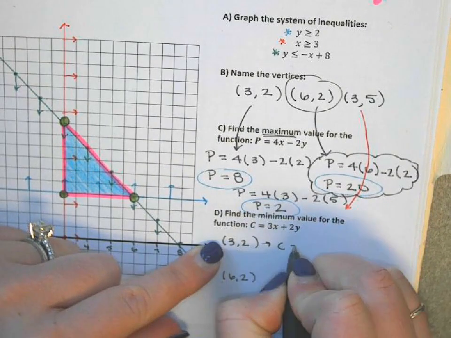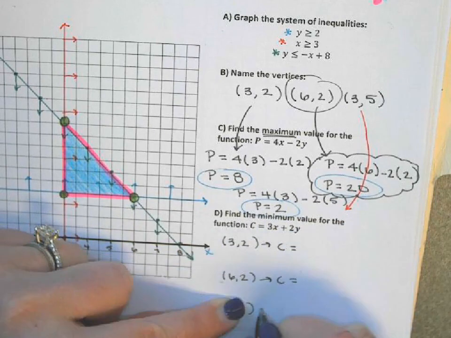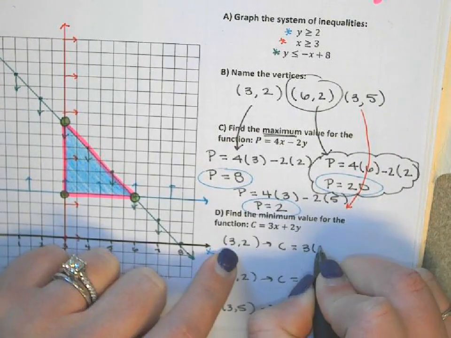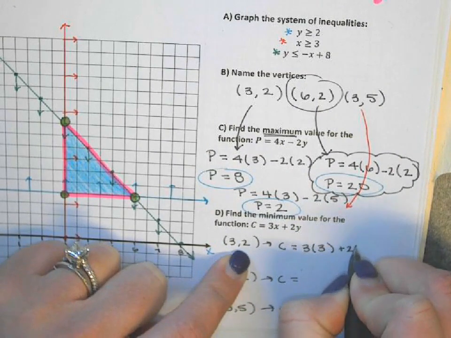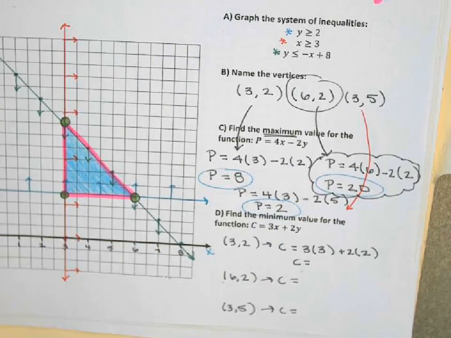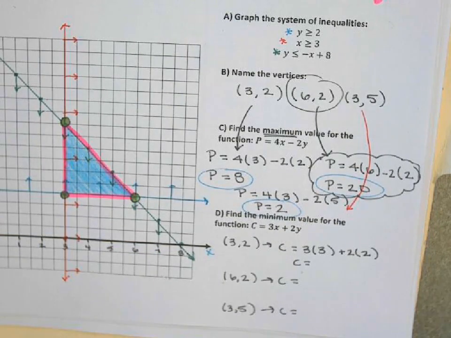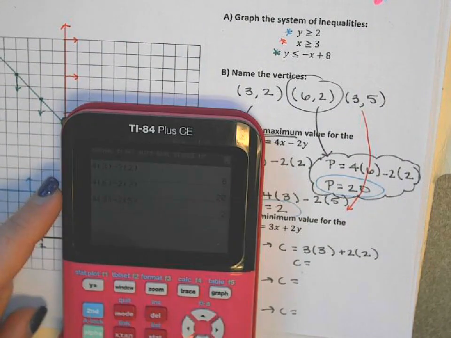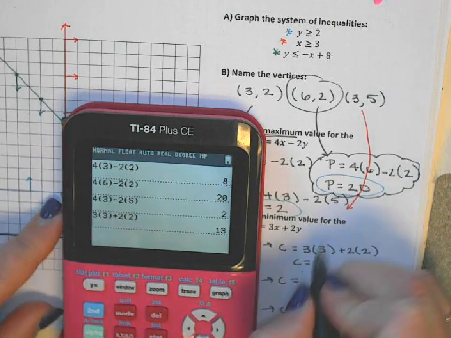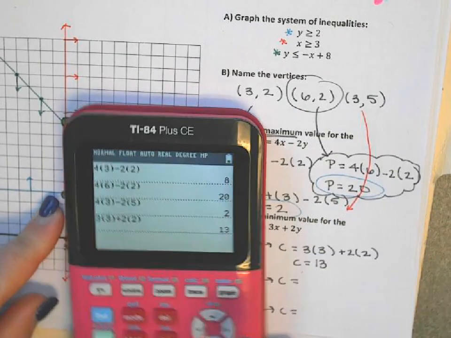So this cost, with the equation to use, is 3 times the x value, which is 3, plus 2 times the y value, which is 2. Plug it in your calculator. 3 times 3 plus 2 times 2, we get a cost of 13.